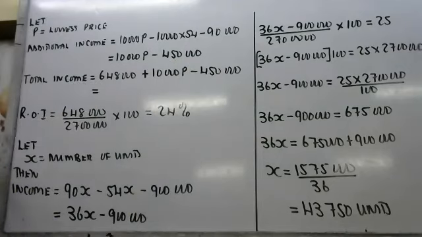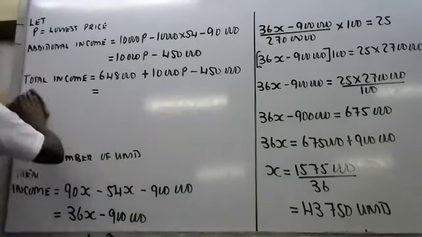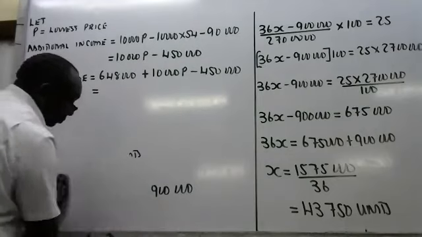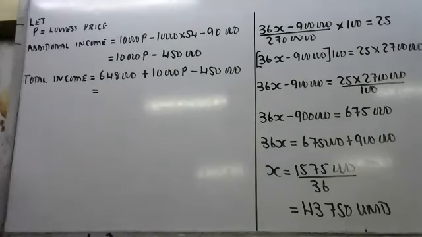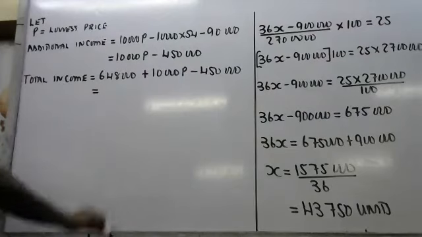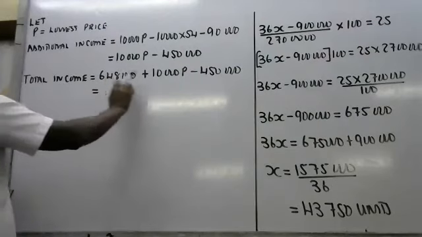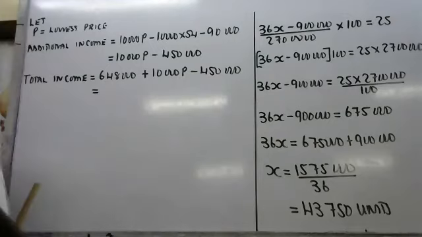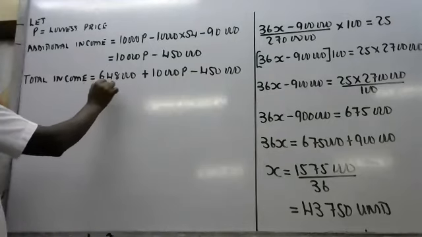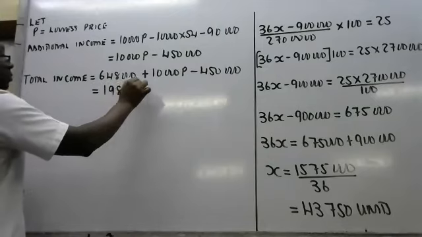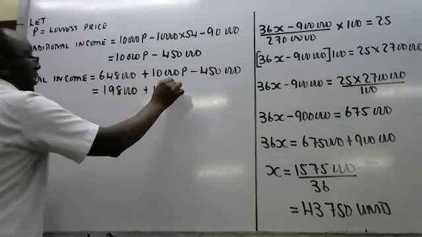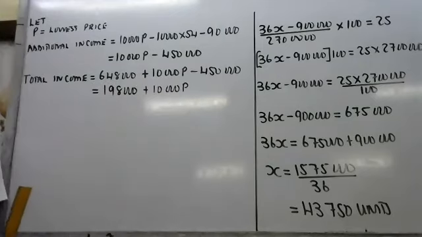So when you combine them, you remain with this 648 minus 450, 198,000 plus 10,000 P. That is the income.